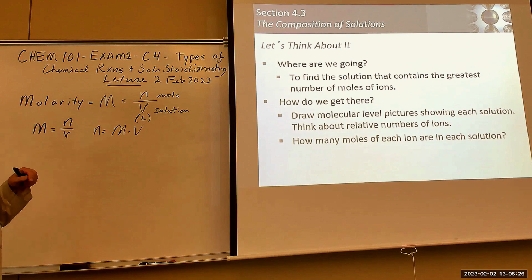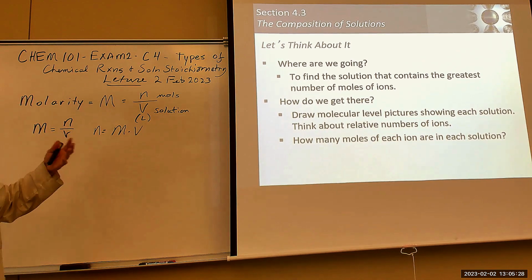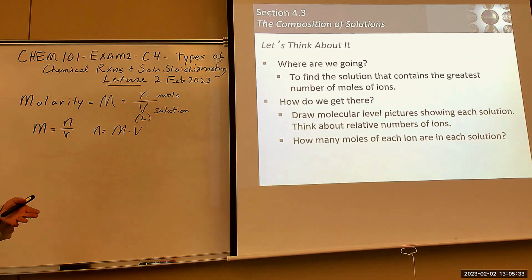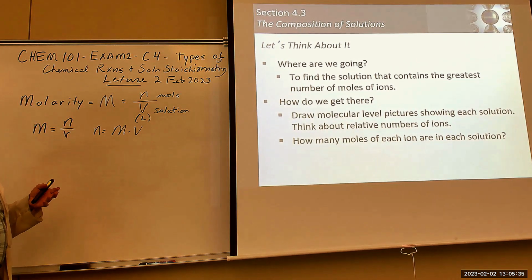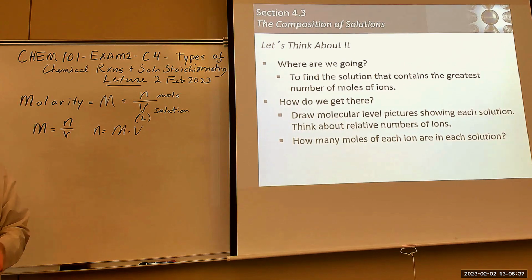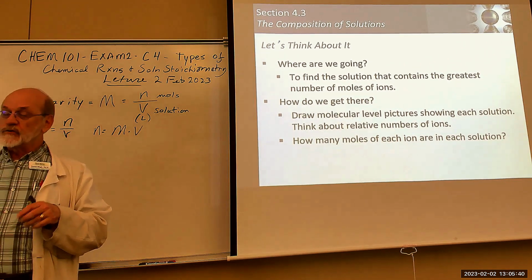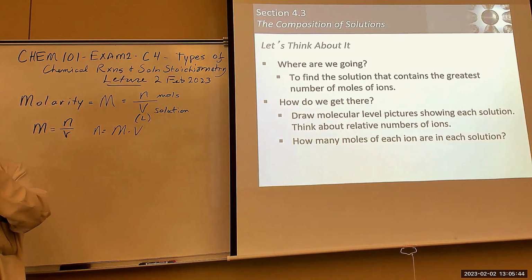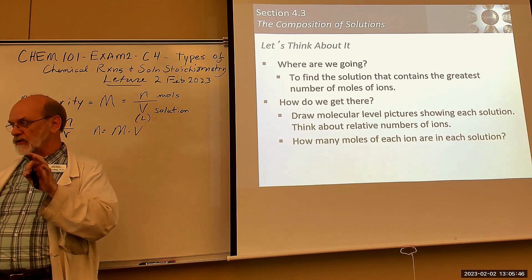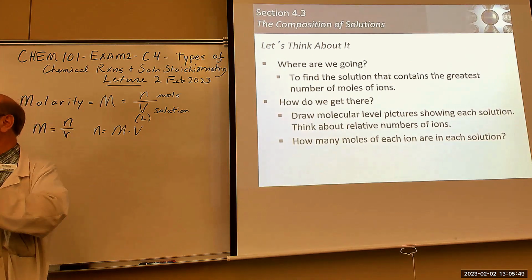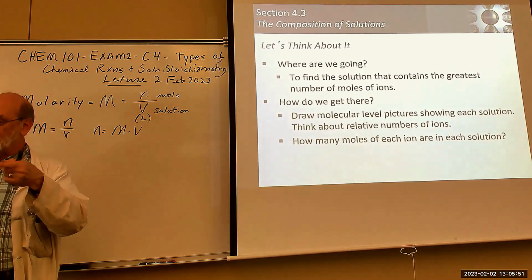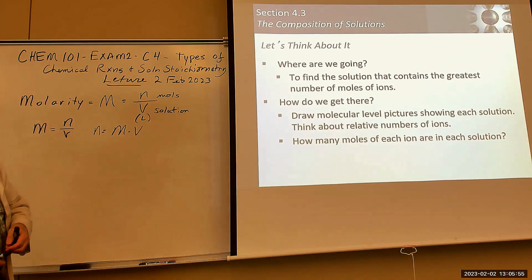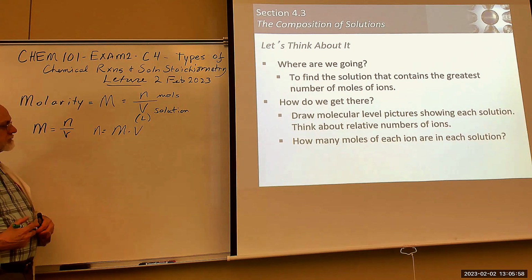How do we get there? Well, sometimes you can draw a picture. I don't think you need a picture for this one. Sometimes it does help. And then you calculate the number of moles of each ion. If you just multiply the molarity times volume, you get moles of the compound, the formula unit. Then to go to the next step, you need to know how many ions per formula unit. And you can do that with dimensional analysis.